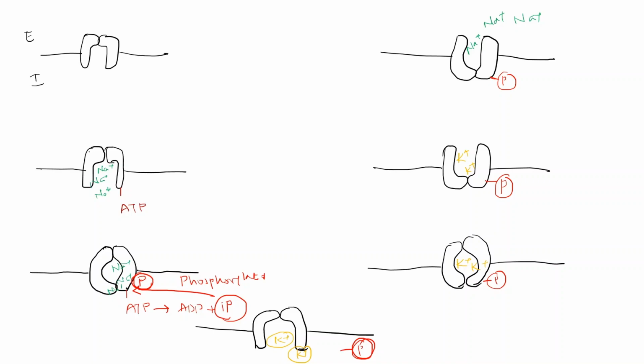After it binds, the mouth closes externally. Now it is externally occluded and the potassium ions are trapped. Once trapped, the pump loses its phosphate group and becomes dephosphorylated. The dephosphorylated pump has less affinity for potassium, and these potassium ions are released inside. This completes one cycle.